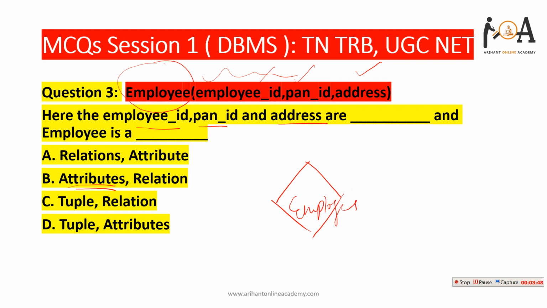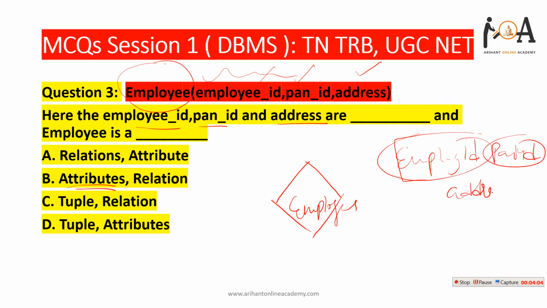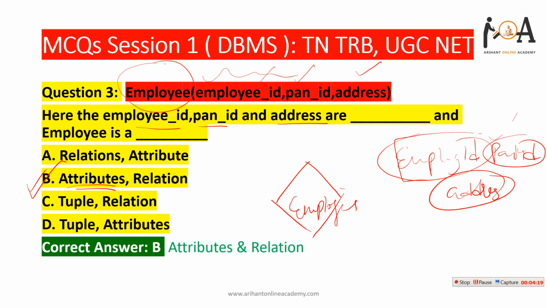And employee is a relation, and employee ID, PAN ID and address, right? So they are attributes, where employee is a relation. Option B is the correct answer. However, don't confuse it with the ER diagram. We will discuss each and every concept of each subject in very detail, right?